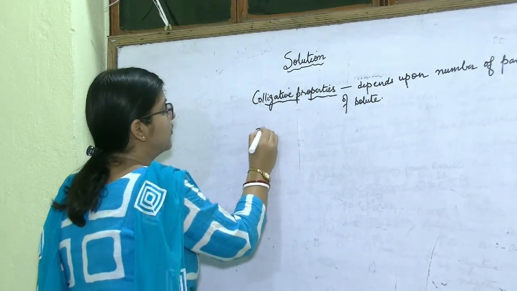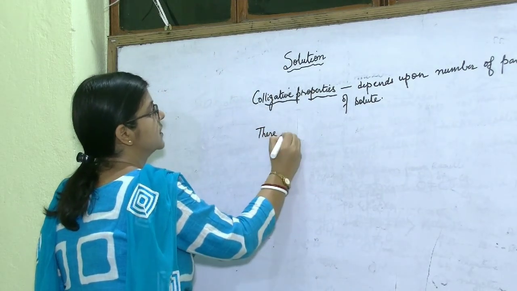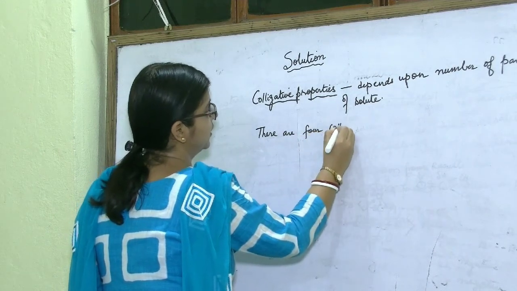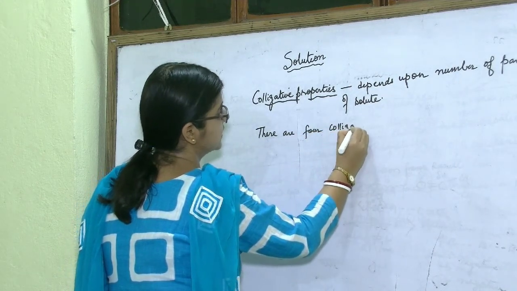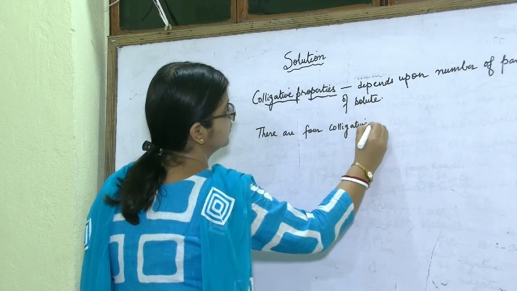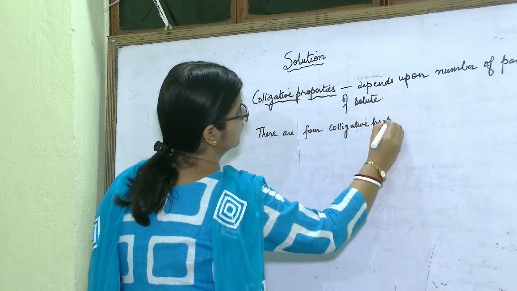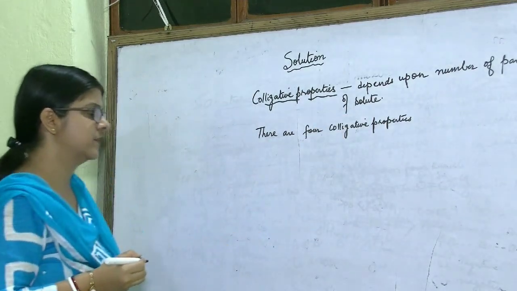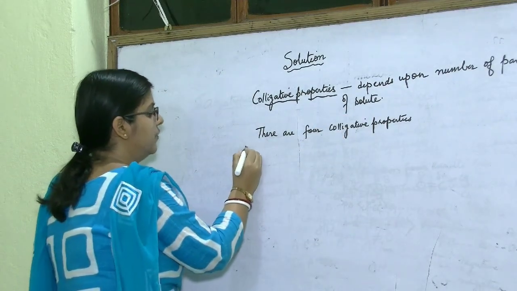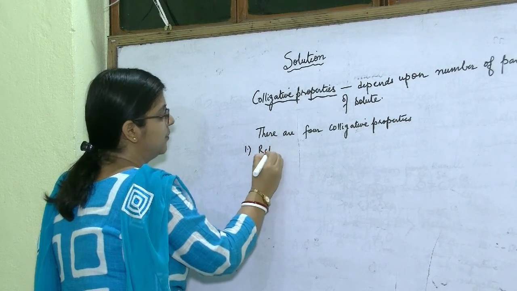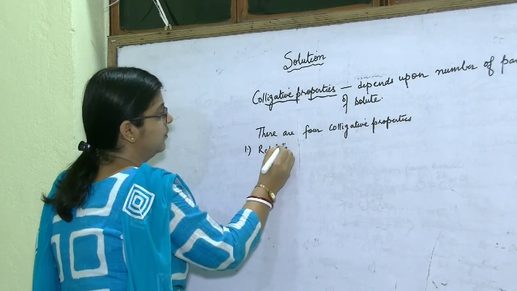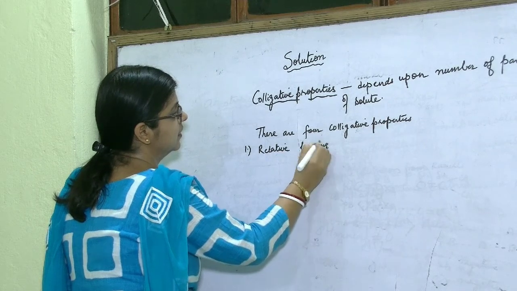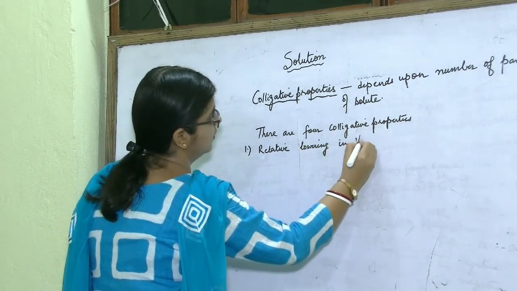Now there are four colligative properties. I'll discuss them one by one. First one is relative lowering of vapor pressure.